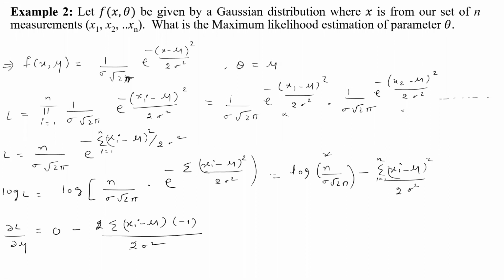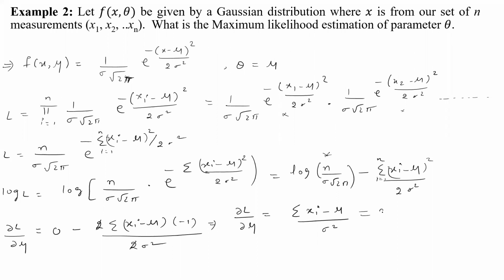So 2 and 2 get cancelled out, minus 1 and minus become plus. So this implies your differentiation with respect to mu is equal to summation of xi minus mu divided by sigma square.